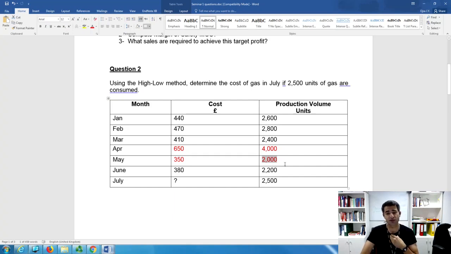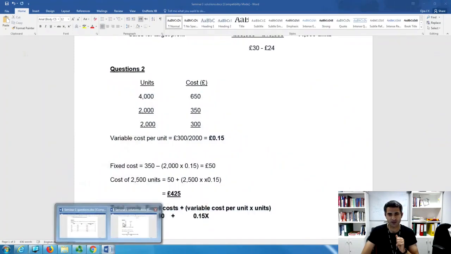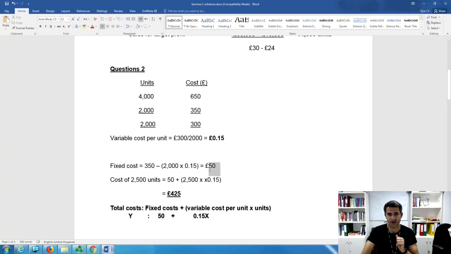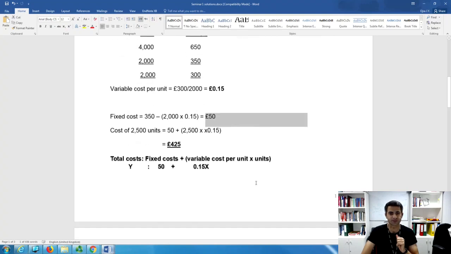So 2,000 units times 15 pence equals 300 pound. So now we identify the total variable cost equals 300 pound. From 350, if 300 goes to the variable cost, what's remaining? 50 pound. It is fixed cost. In this case, you take any level of production, you should have the same answer. So as you see, it's 50 pound.